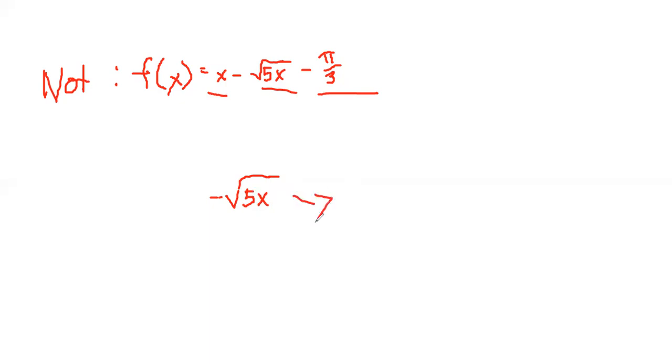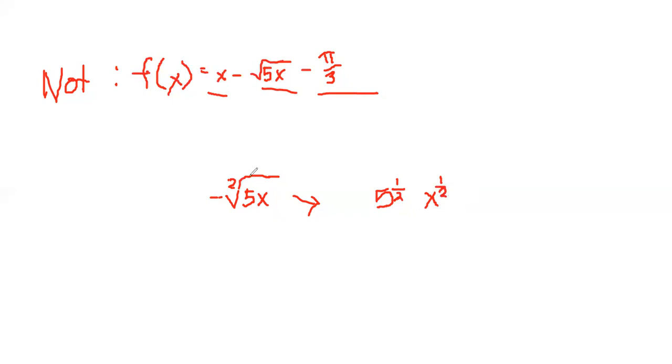Paano pag sinimplify natin? Meron tayong 5, diba ang exponent ng 5 is 1? And also, ang exponent ng x is 1. Kapag ginagawa nating fraction, yung square root nagiging denominator kapag sinimplify natin. So, magkakaroon tayo ng 5 raised to 1 half and x raised to 1 half.